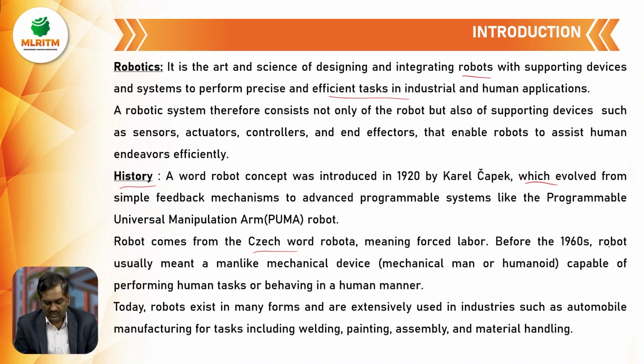Before the 1960s, robot usually meant a man-like mechanical device capable of performing human tasks or behavior in a human manner. Today, robots exist in many forms and are extensively used in industries such as automobile manufacturing for tasks including welding, painting, assembly, and material handling operations.